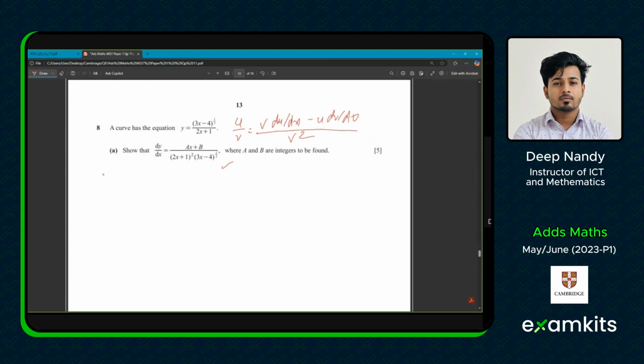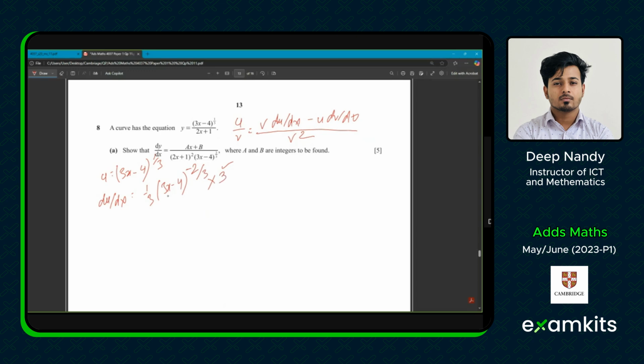First we're going to select u, that is (3x minus 4) to the power 1/3. If we differentiate, that is 1/3 times (3x minus 4) to the power 1/3 minus 1, equals minus 2/3, into 3.